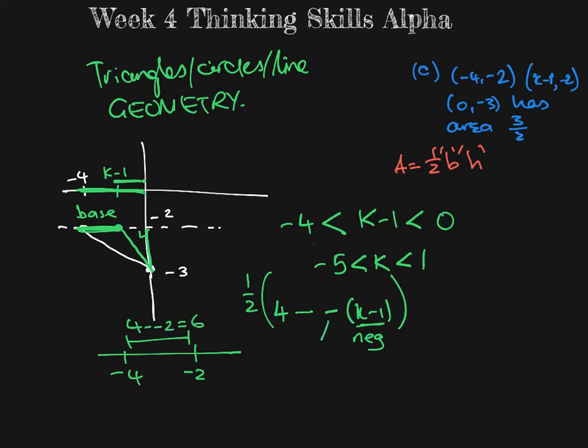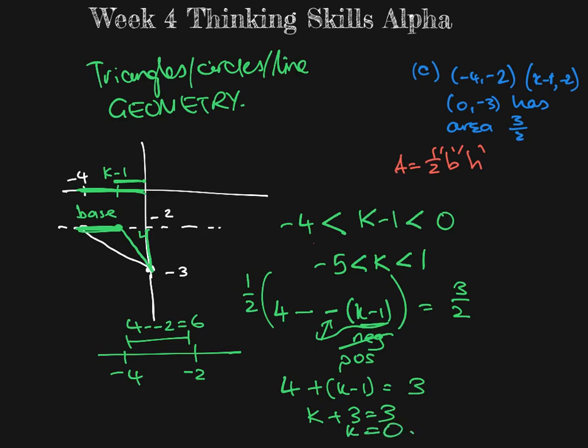So by sticking this minus on, I'm making this a positive length, and then I can subtract that from the positive length, 4. So we know the answer is 3/2. So doubling both sides, 4 plus k minus 1 is 3. So k plus 3 is 3, and again, this isn't working, we're coming out with 0.